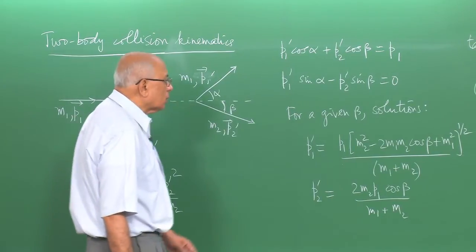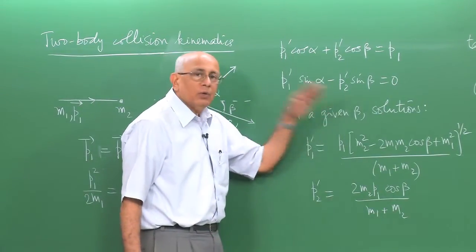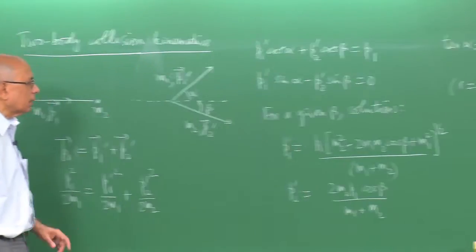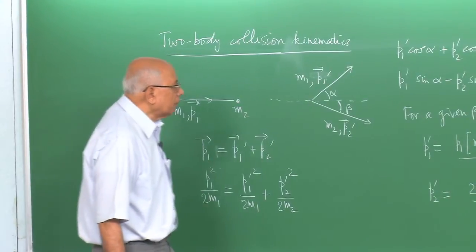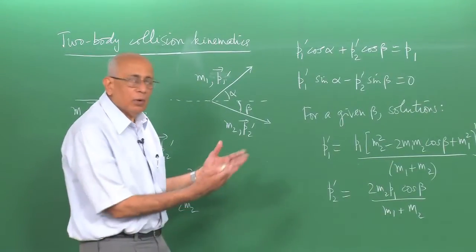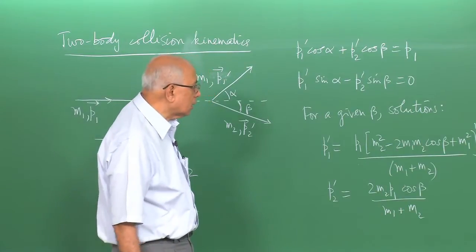So what one does is to say, for a given value of one of the variables, conveniently taken to be beta for technical reasons which I will mention later on, the solutions of these simultaneous equations are straightforward. We saw how to do this in a simple way.